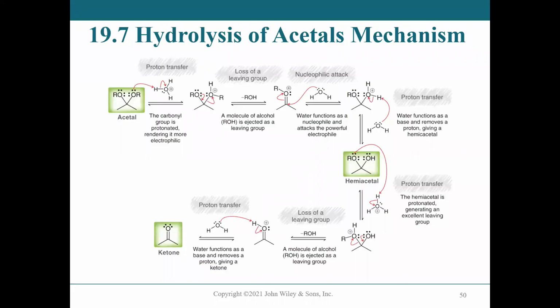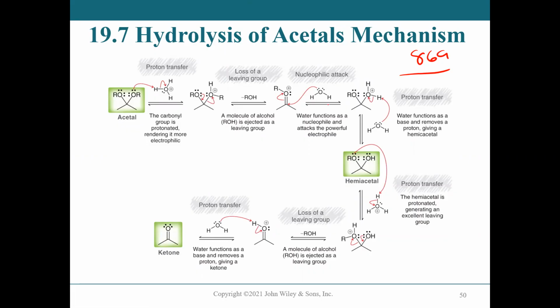All right, so let's get back to our study of hydrolysis of acetals, the acetal mechanism. And I just want to point out where you can find this mechanism. If you go to page 869, you're going to be able to find this mechanism. So, let's go over it.